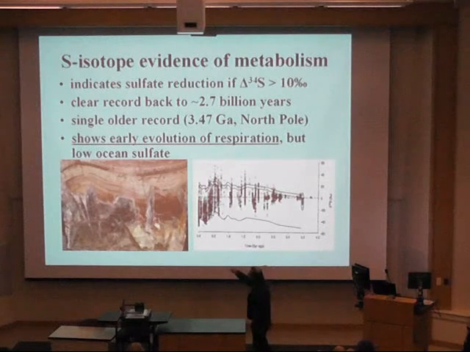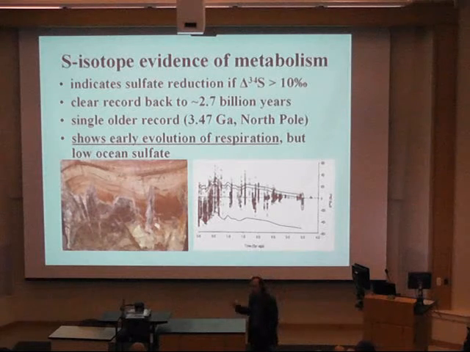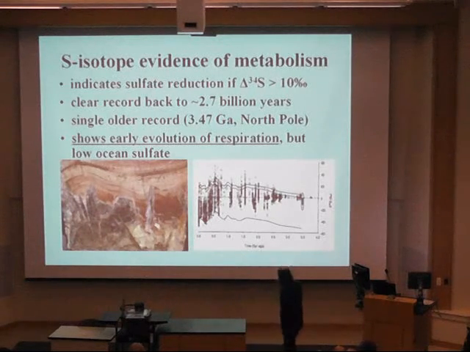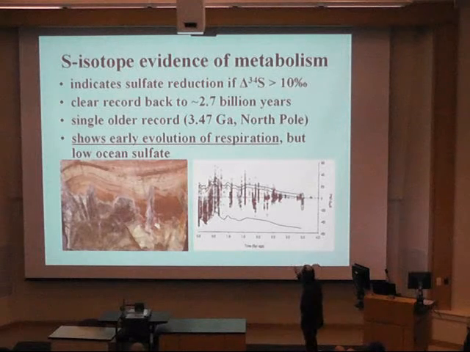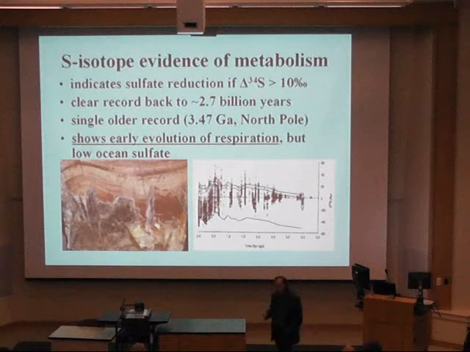So we can compare the isotopic ratios of pyrite with sulfate to see whether there were bugs anaerobically respiring the sulfate. And if you look at the sulfur isotope record through time, you get big fractionations of sulfur in rocks younger than 2.5 billion years that indicate that this metabolism was occurring.